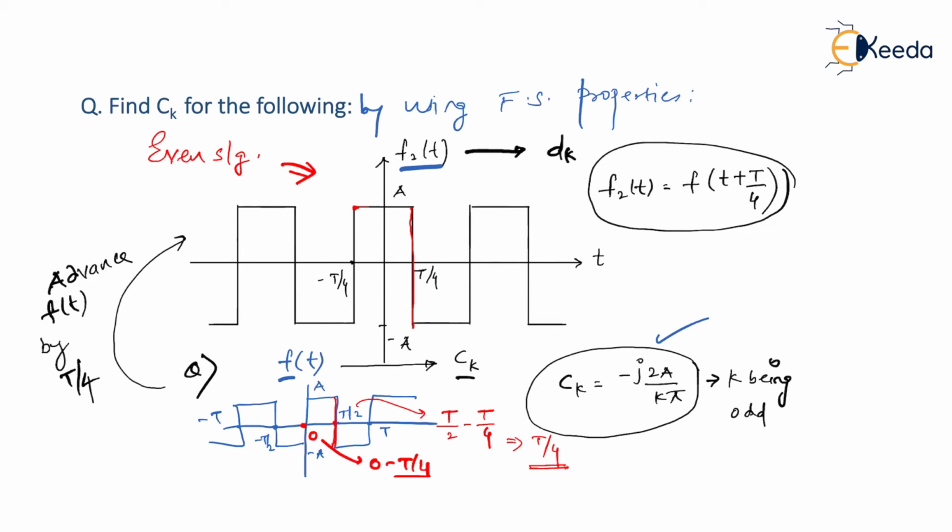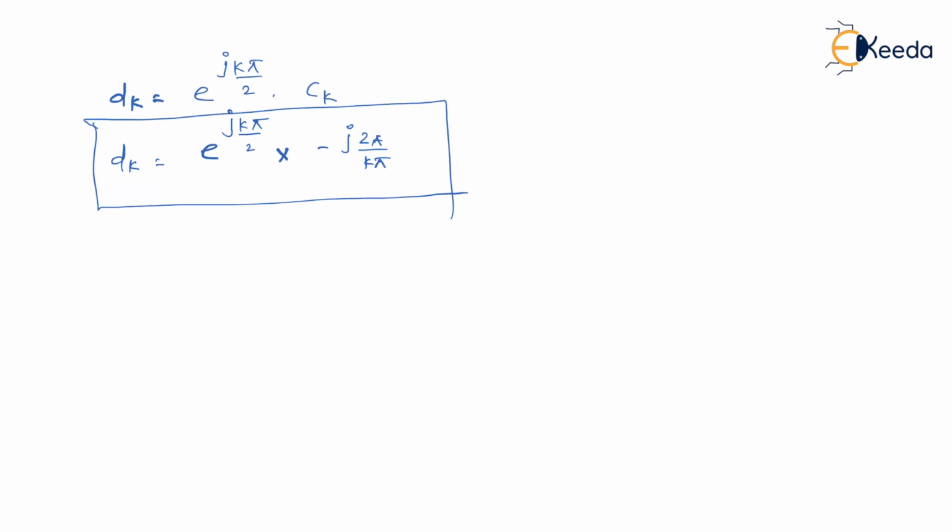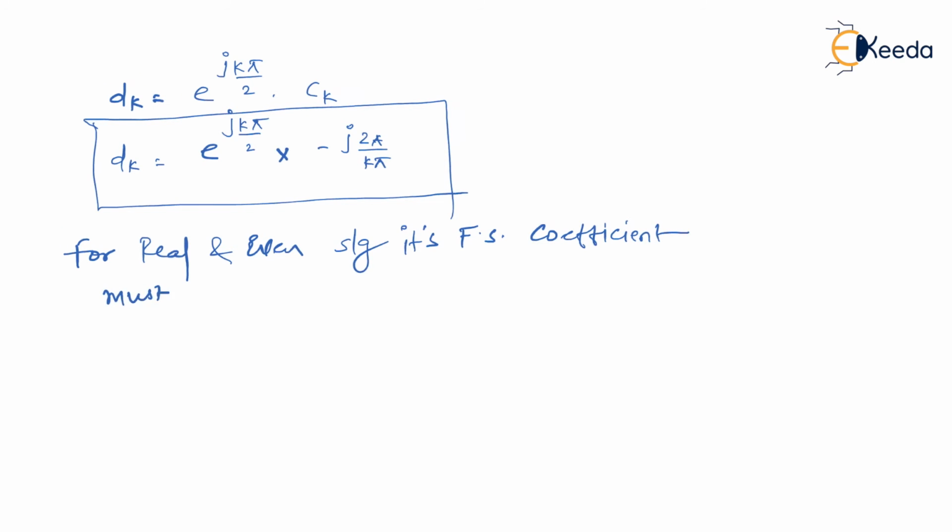If you remember, when a signal is real and even, its Fourier series coefficient is always real as well as even. So for a real and even signal, its Fourier series coefficient must be real and even.